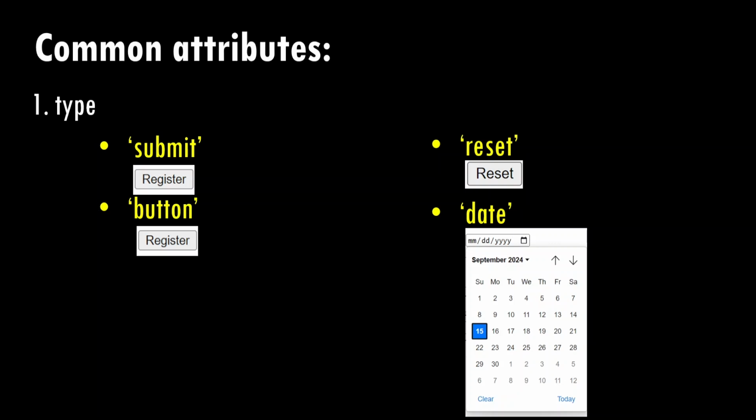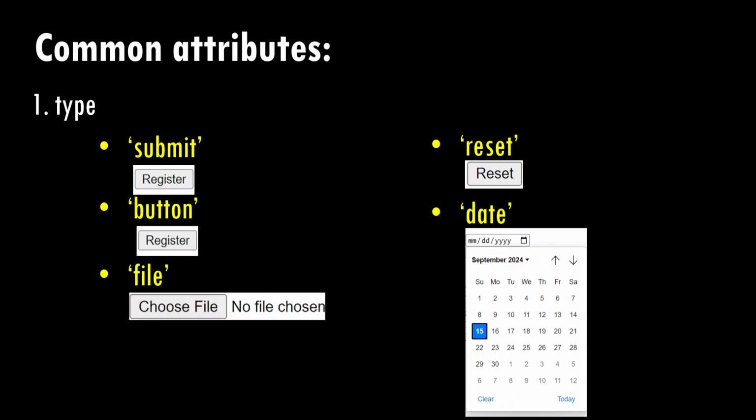A drop down or a box will appear if you click on this input box. Next is file, an input for selecting files to upload. This is a general file input.